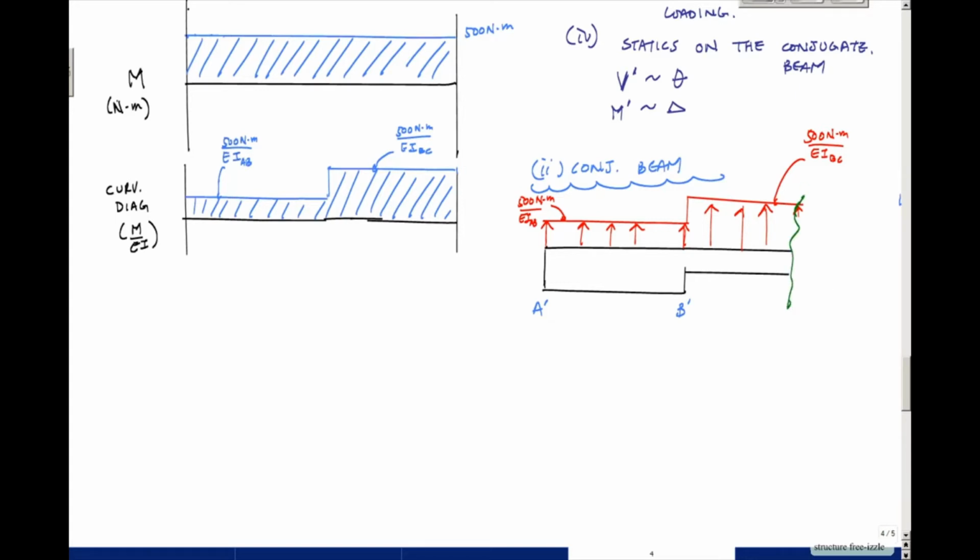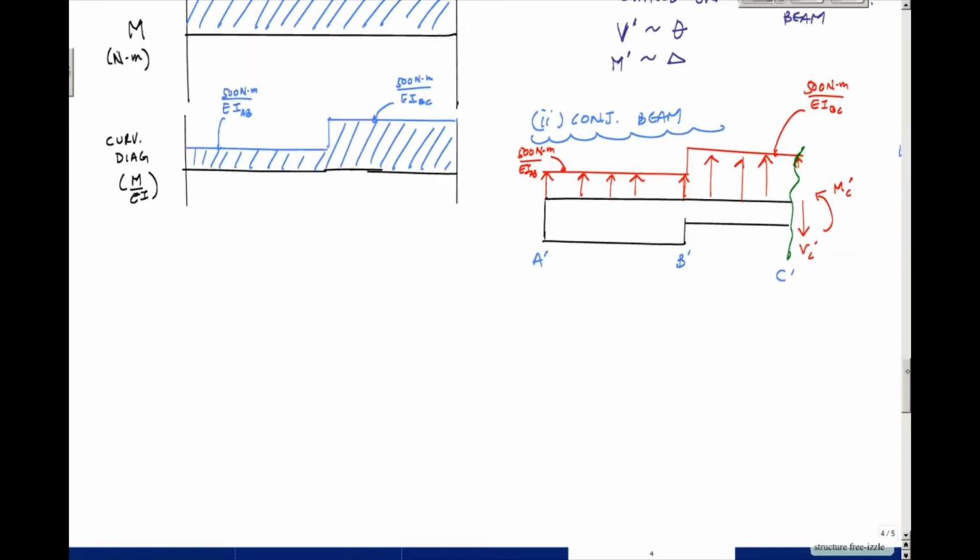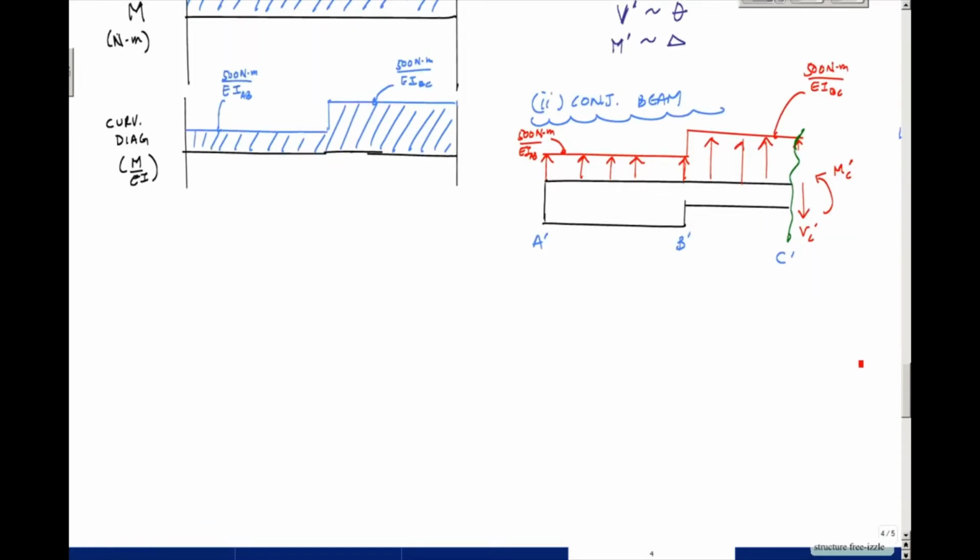Keeping my rules of internal loading, my positive internal shear, if I make a cut and look on the left side, would be downwards like this, VC prime, and my positive internal moment would be MC prime. I'll tell you what positive or negative results mean in terms of displacement and slope. Now using statics on the conjugate beam.